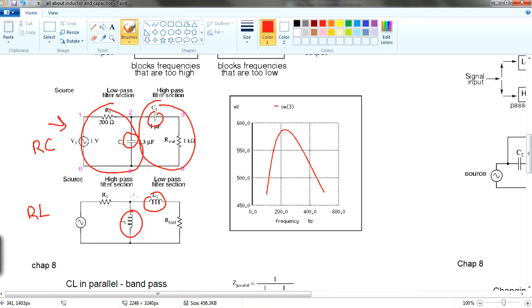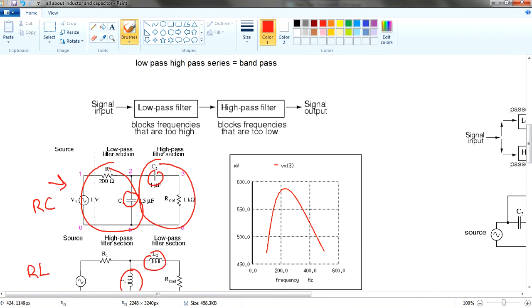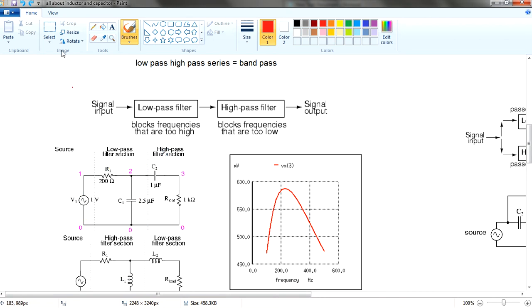Nonetheless, they are connected in similar ways. This one is low pass and high pass. This one is high pass and low pass. So you're going to take note of this configuration. If you doubt me, take a look at this thing over here.